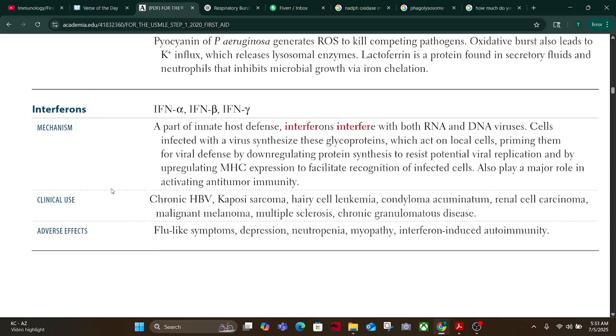Also, the liver tells other hepatocytes to increase MHC class 1 to fight hepatitis B virus. That's it for interferons.